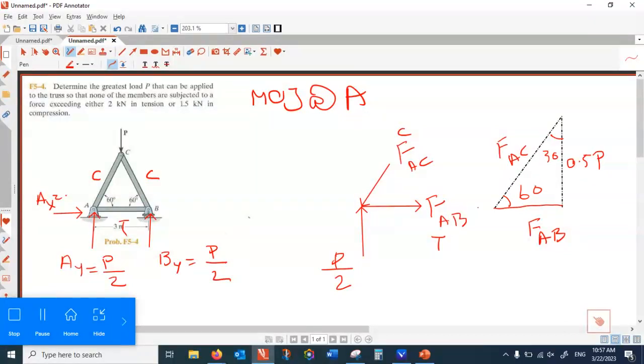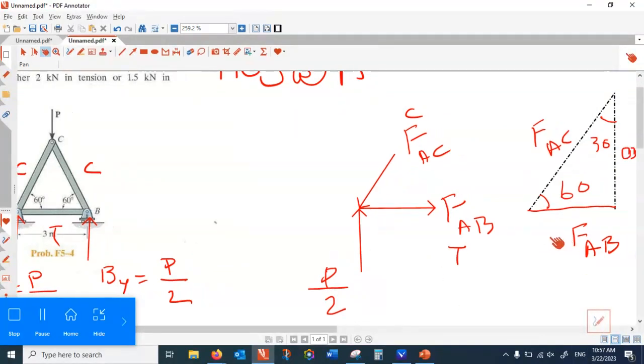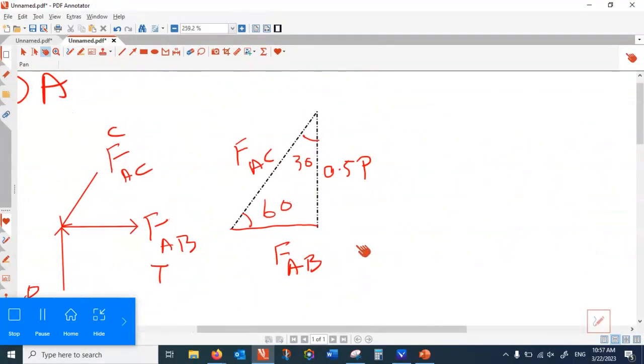Now, FAC times cos 30 is equal to P by 2.